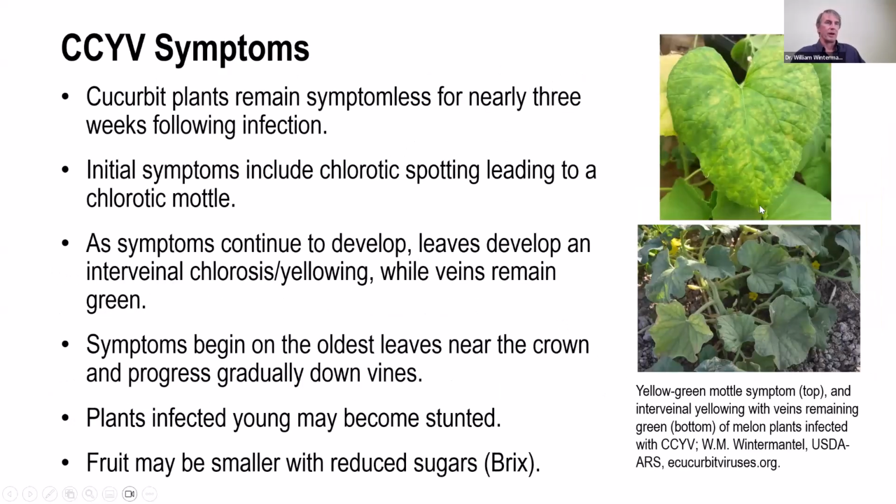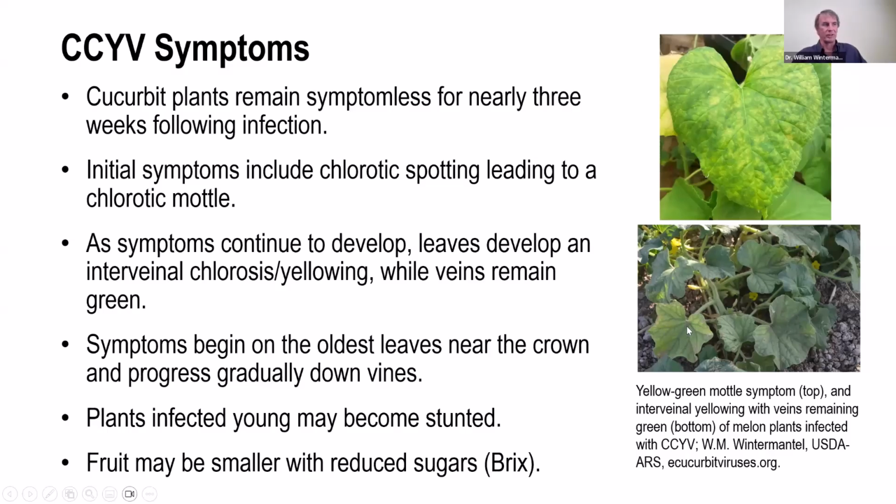CCYV, like CYSTV, begins with a chlorotic spotting pattern on young leaves near the crown. These coalesce into larger areas, what I would call a chlorotic mottle, like you see in the picture on the upper right. This eventually evolves into a symptom that looks, again, very much like CYSTV symptoms or a magnesium deficiency, with an interveinal chlorosis with the veins remaining green.